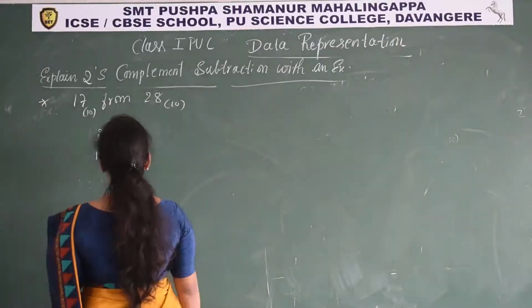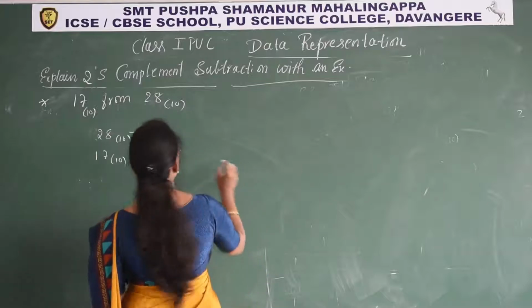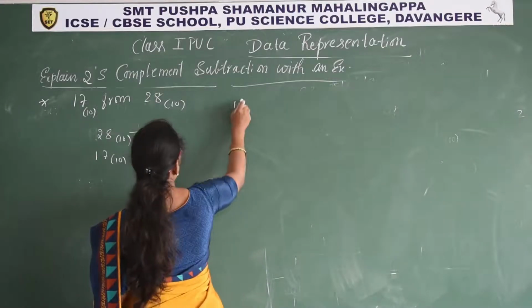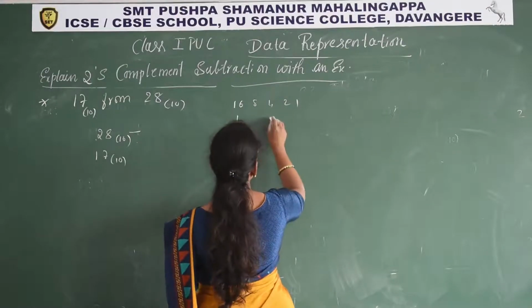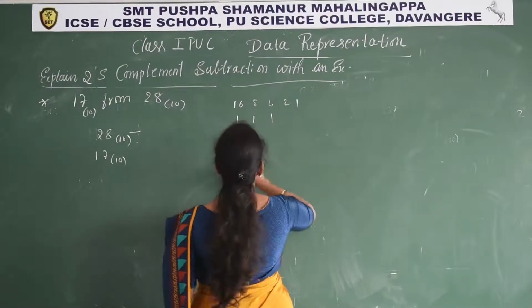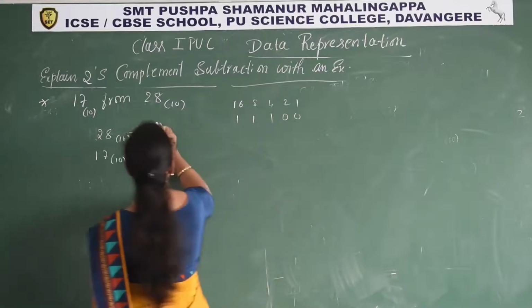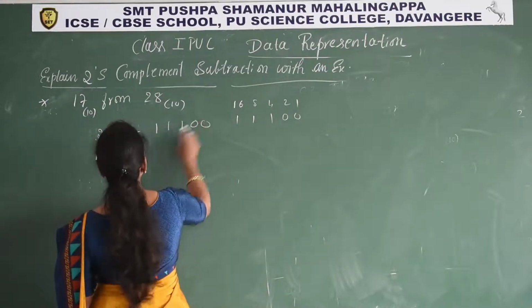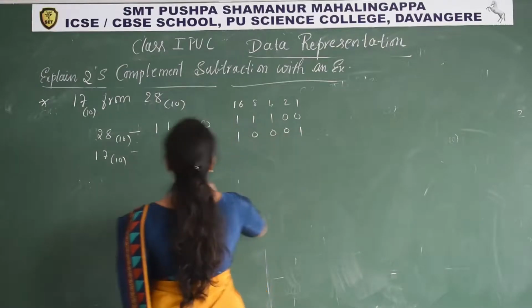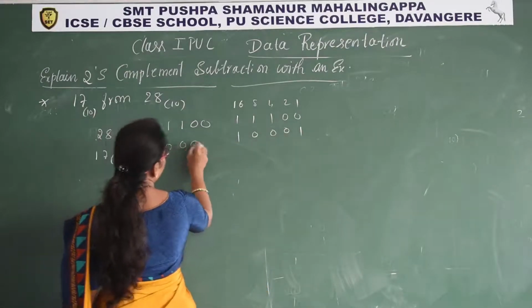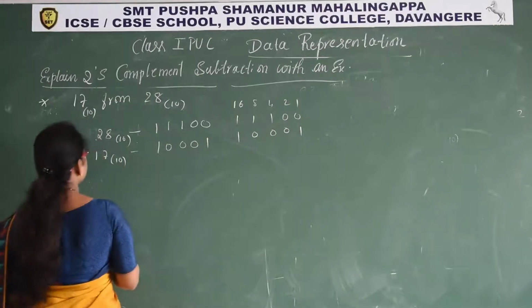How to write the binary code for 28? 16, 8, 4, 2, 1. Then 16 plus 4, 20. 20 plus 8, 28. So 1, 1, 1, 0, 0. 17: 16 plus 1, 17, that is 1, 0, 0, 0, 1.